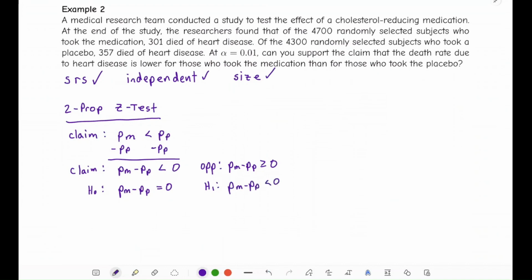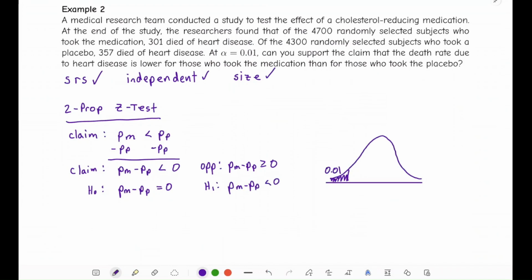And because of that, because it's less than 0, we are going to have a left-tailed test. And it's a normal distribution, so I'm going to get the bell curve. And our significance level was 0.01. So now I'm ready to do the test statistic.